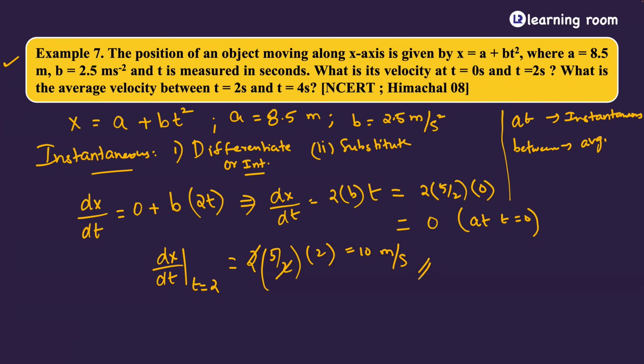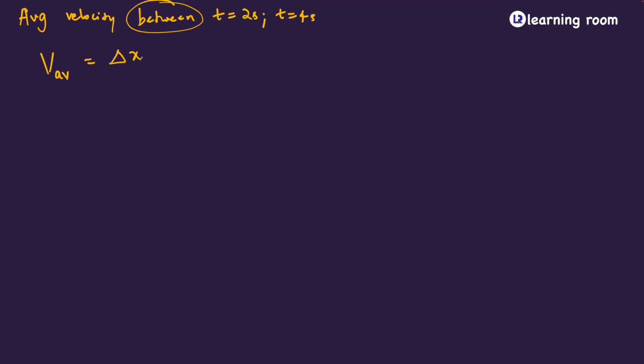4 seconds. So listen to this. Whenever you need to find average velocity between, in this problem, it is t is equal to 2, t is equal to 4 seconds. When they use the word between, you're finding the average velocity, obviously, right? So V average is equal to delta x divided by delta t.